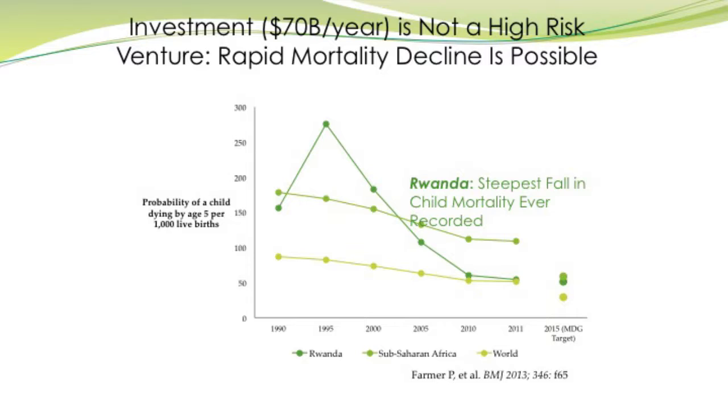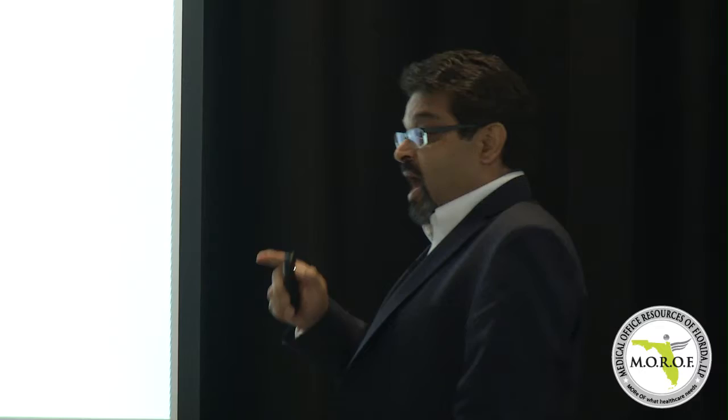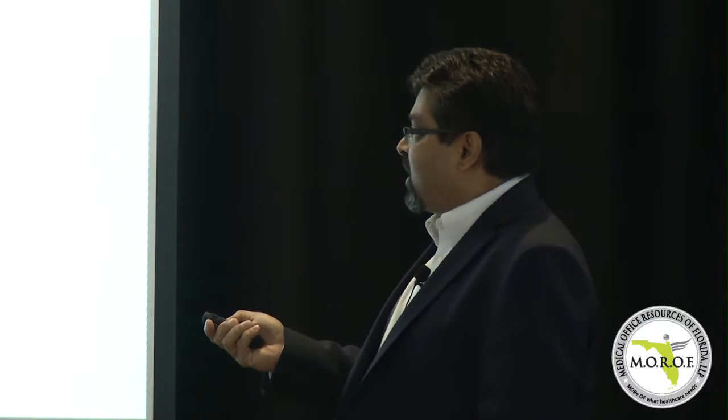If you look at what's happened to their child mortality rates, they're actually better than most of sub-Saharan Africa. It is on pace with the world. In fact, if you're African American in a lower socioeconomic demographic in the US, your odds of dying before age 5 are greater than if you are a Rwandan child, okay, which should be somewhat embarrassing to us.